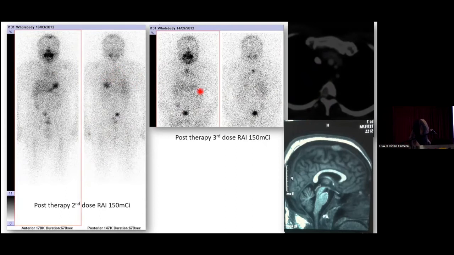So finally, we managed to see in the CT, there is actually a lytic lesion at the T3 vertebra. And what happened to the uptake in the skull? We thought it's in the skull, it's a bone metastasis. But when we did MRI, it is actually metastatic deposit at the meninges.